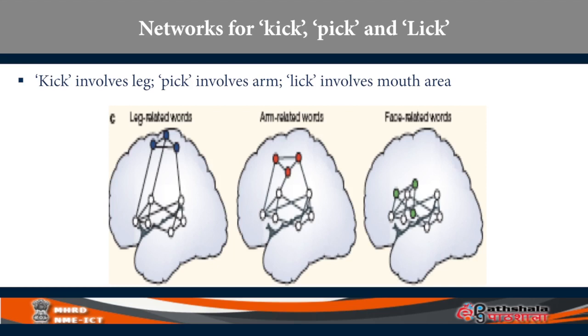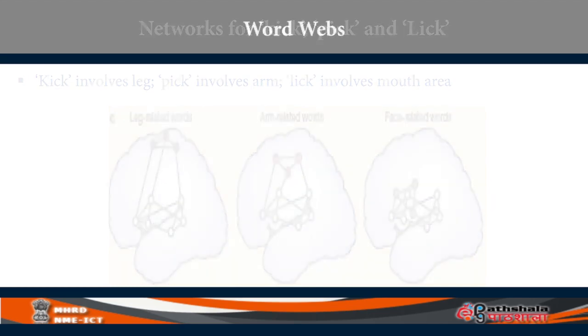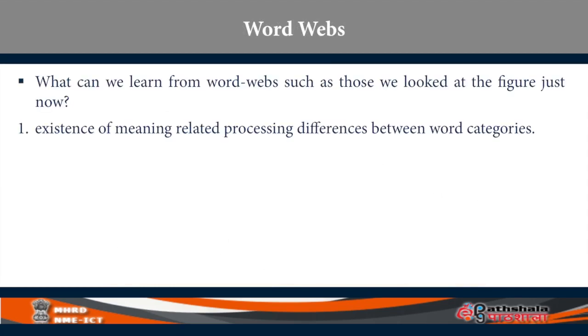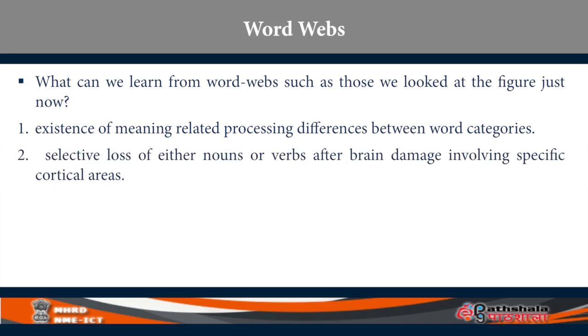It's a very interesting idea and you should read more about this by taking the additional readings mentioned in the e-text. But what we are talking about here is word webs. So in other words, there are meaning related processing differences between word categories. You have different types of words, they carry different meanings and the cortical networks are different. Now consider selective loss of nouns or verbs after brain damage.